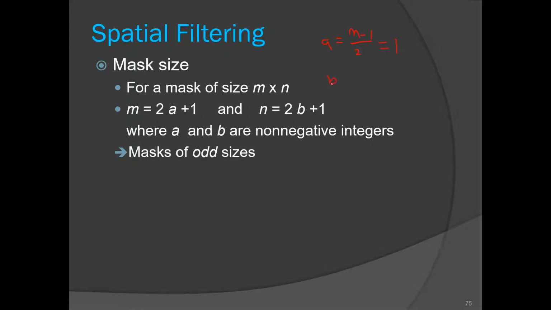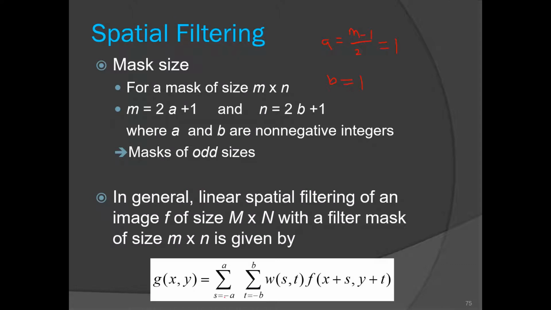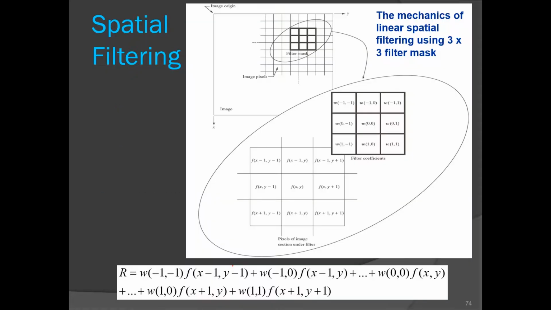Similarly, b is also equal to 1. Now we are trying to generate a simplified equation of the transformation function. This is the simplified version of this equation.